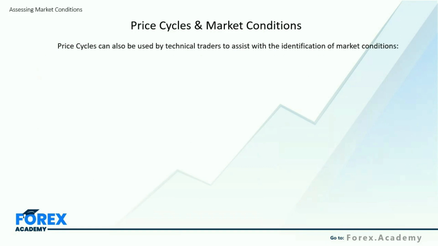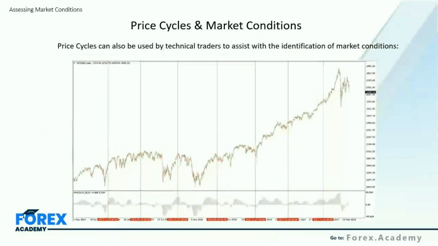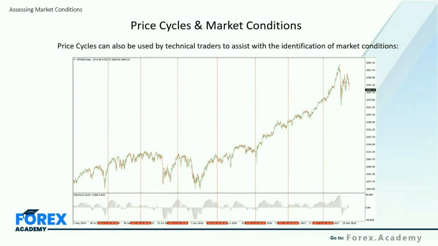So to explain this in a little bit more detail, price cycles can also be used by technical traders to assist with the identification of market conditions. And I just want to share this chart with you. This happens to be an S&P 500 daily time frame, and you can see the time frame along the bottom. This is over the last 4 years.